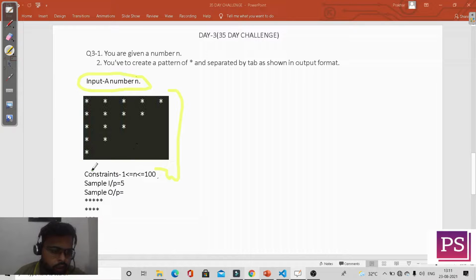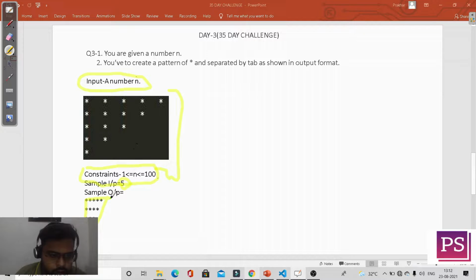For this, there is also a constraint given in this problem: 1 less than or equal to n, and n less than or equal to 100. Sample input is this. If a user has inputted 5, then it will print this pattern, like an inverted right angle triangle.